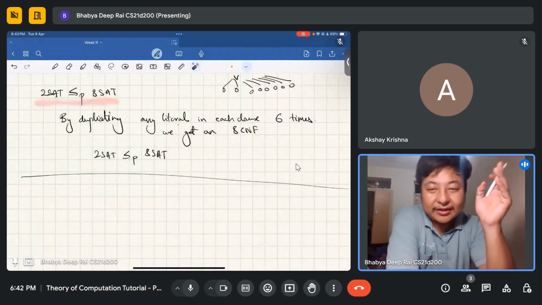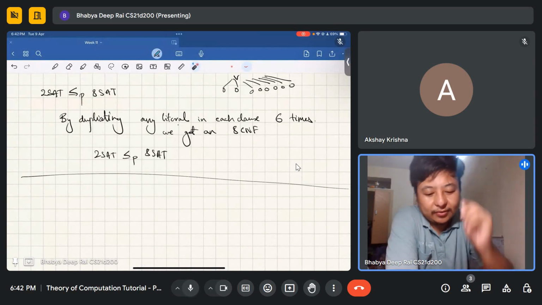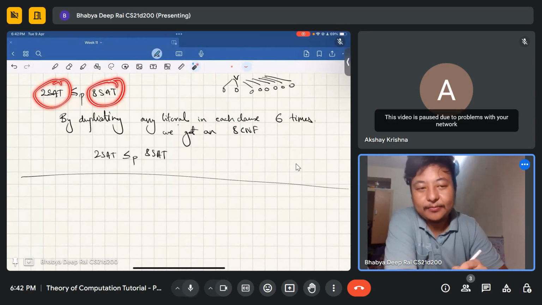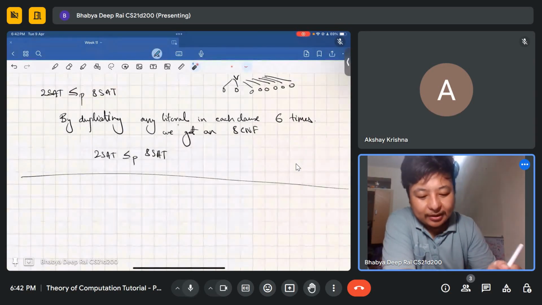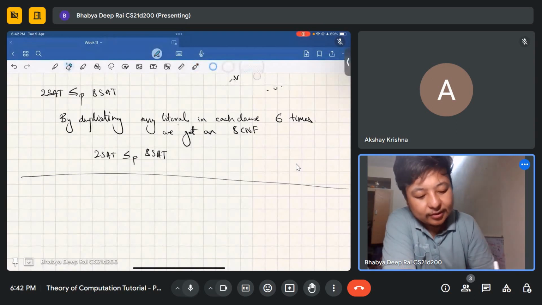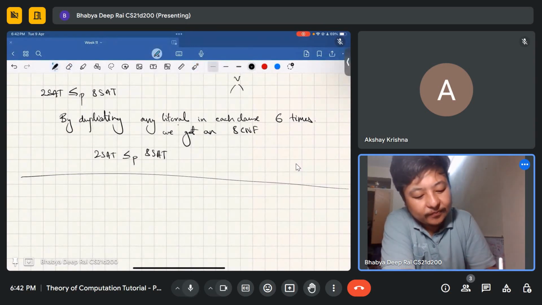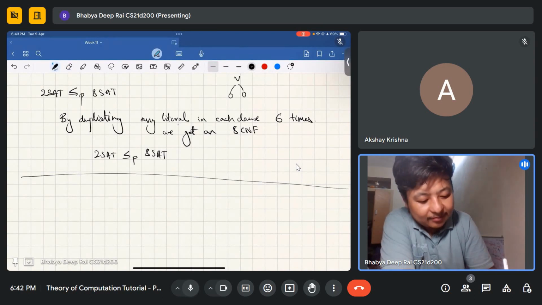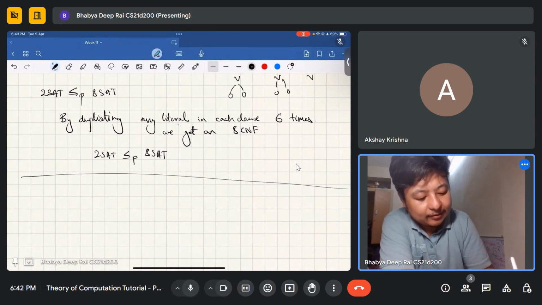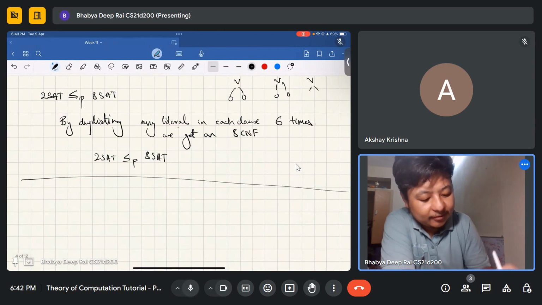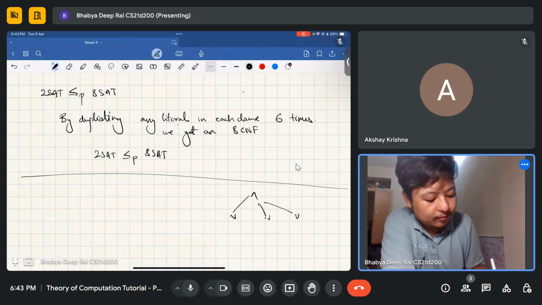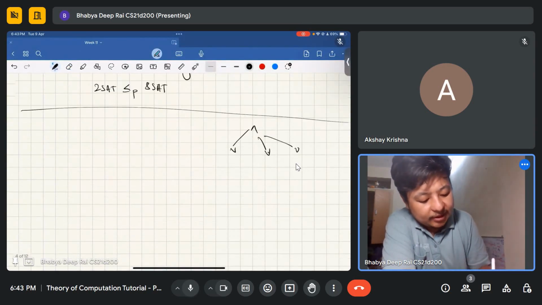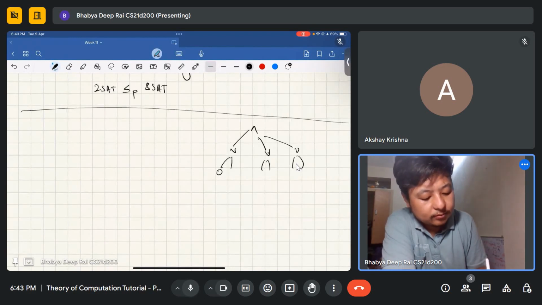The question says, does 2-SAT reduce to 8-SAT? So given an 8-SAT solver, can I solve 2-SAT? What we do is use the same duplicating argument. We have an instance of 2-SAT, a 2-CNF, with literals like this, and there are 2 in each clause.